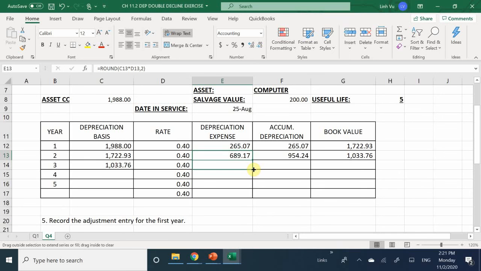Okay, so the 1,033.76 times 0.40 is $413.50. Good.